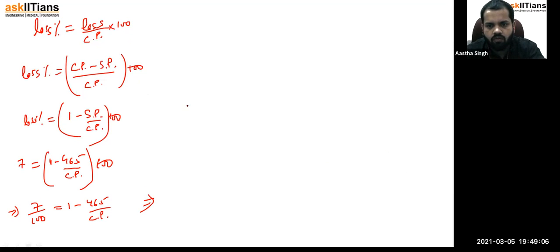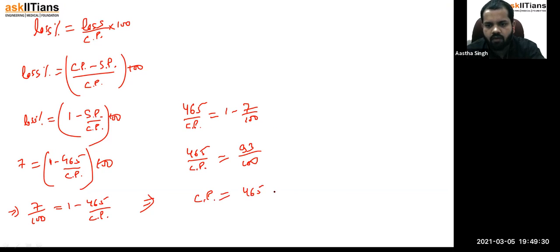So 465 upon cost price will be equal to 1 minus 7 upon 100. 100 minus 7 will be 93 by 100. Cost price will be, just cross multiply, 465 into 100 divided by 93. 93 fives are 465, so 5 into 100 is 500. So basically the cost price is 500.